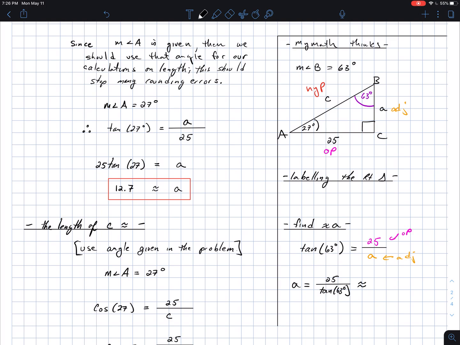Now, that's its exact solution. Its approximate solution is going to give you 12.7 roughly. That's its approximate value. So remember, this is the exact value. This is the approximate value. And we only had to round to the tenths.